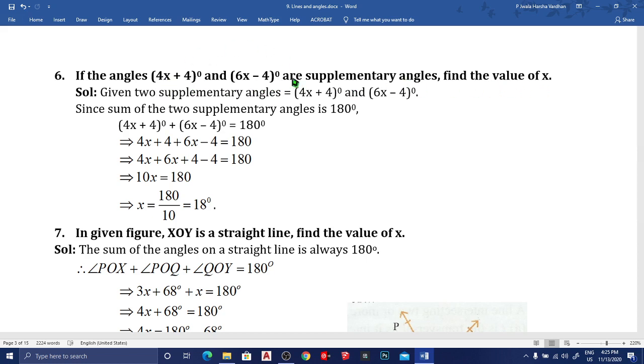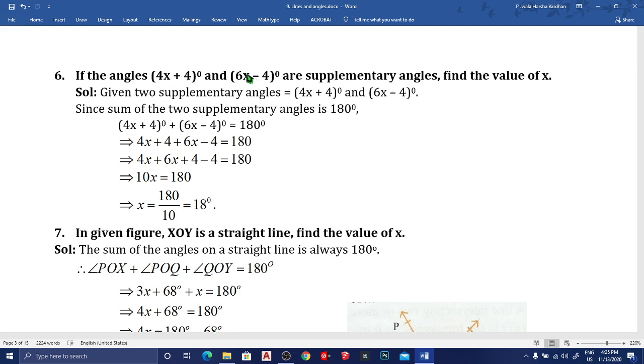So the given angles are in the form of algebraic expressions, and it is also given that these two angles are supplementary to each other. It means the sum of these two angles will be 180 degrees. This word itself tells us that the sum of these two angles is equal to 180 degrees.